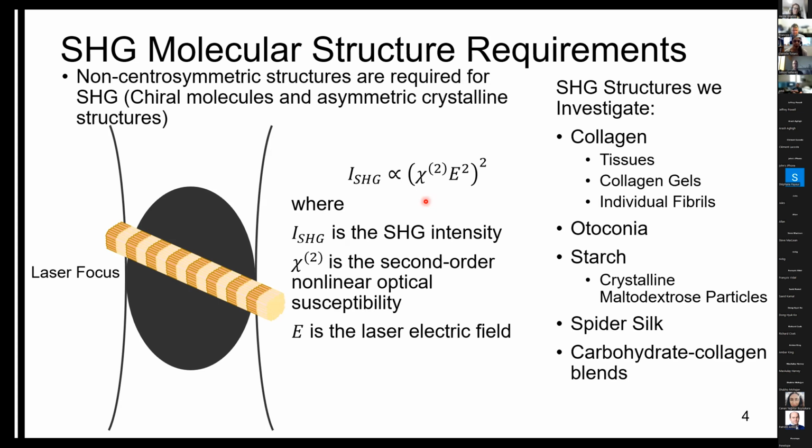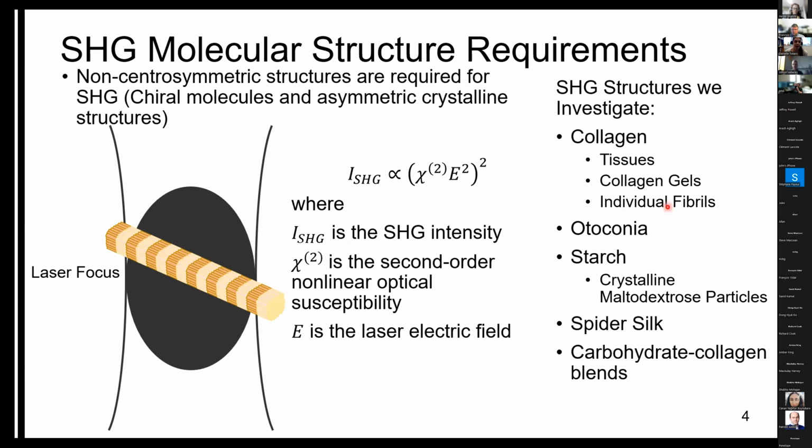And there have been several biological molecules identified that emit SHG, such as collagen type 1 and myosin in muscle. So we are currently studying collagen in various forms, including collagen in organ tissues, as well as reconstituted collagen gels and individual collagen fibrils, all of which I will discuss today.